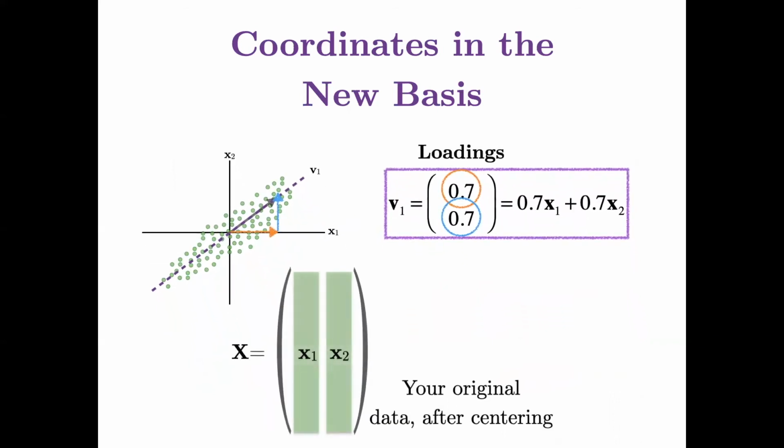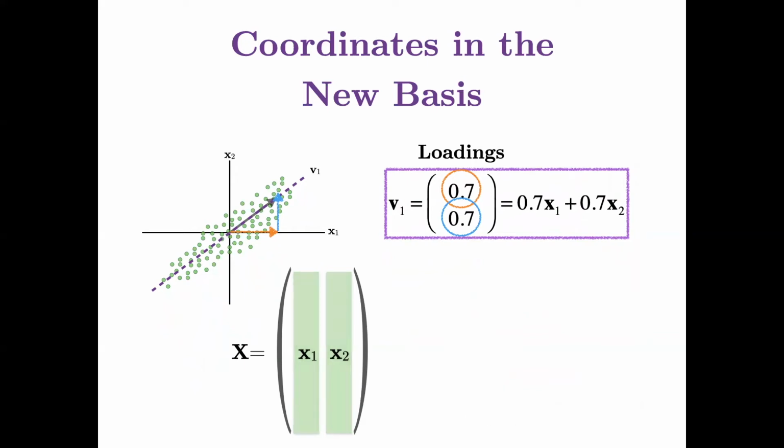I have my original data. Of course, this is always after centering. I said always, always, always in this class, we're thinking of our data as being centered. Sometimes, if we're using the correlation matrix, our data will also be divided by the standard deviations, or standardized. But for now, this is our centered data.